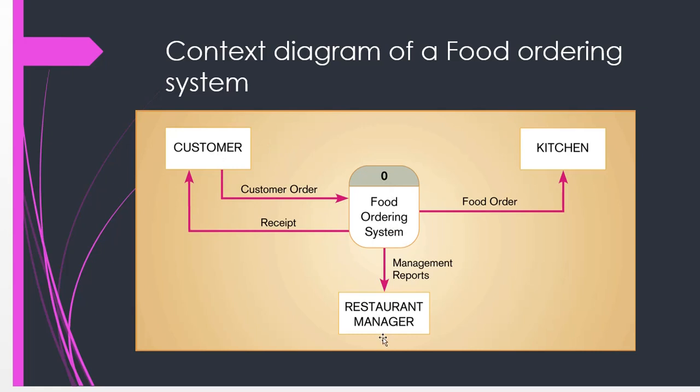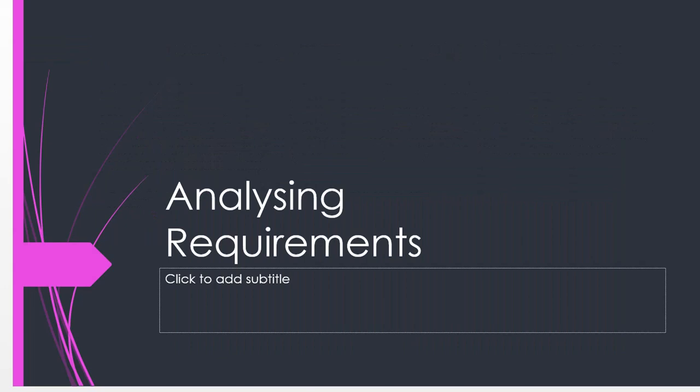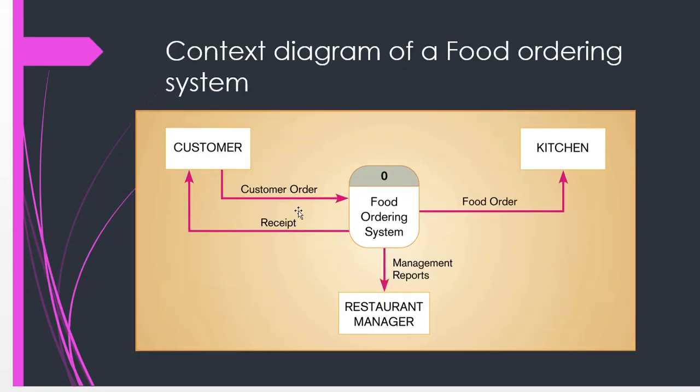And an arrow that is going out of the system is showing a sink, which is the restaurant manager. So a sink is where the information is going to stay or is going to be used. And then the customer is a source. The same with the kitchen. A kitchen is a sink because it's taking information from the system. So we'll discuss sources and sinks later on in more depth.